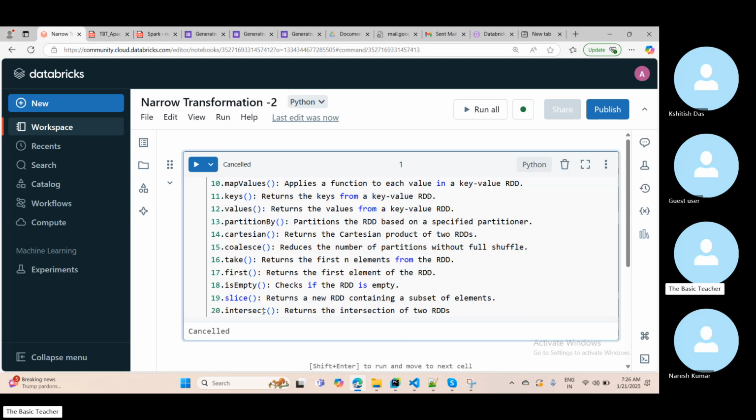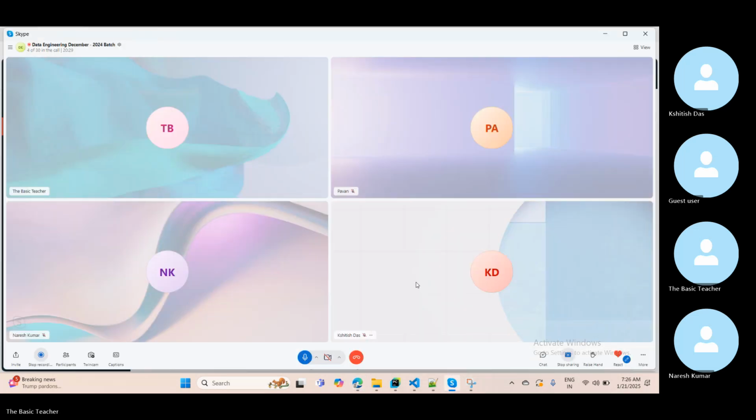Then intersect. I understand that you people are from a mathematics background, right? Anyone who is non-mathematics? Okay.